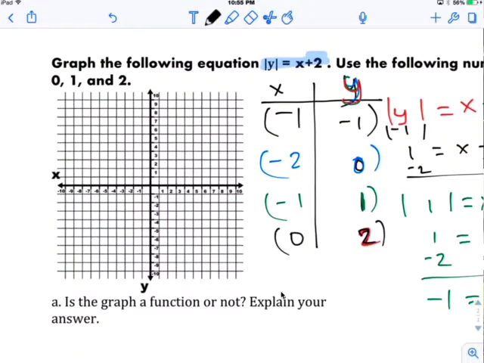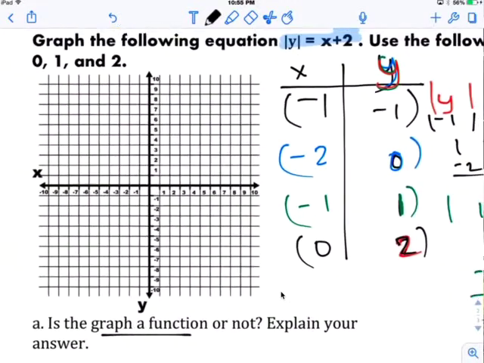And then graph it. Is the graph a function or not? Explain your answer. Okay, let's graph it. -1, -1 right here. -2, 0 right there. -1, 1 right there, 0, 2 right there. Based on the graph, it is not a function because if you draw a vertical line, it passes 2 points on that graph.